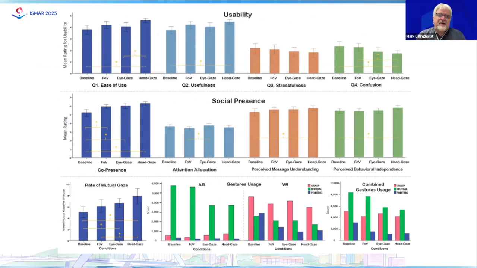The overall idea was that if you look at the far bottom picture, you can see that with the baseline, this is the number of pointing gestures in blue people made. You can see when we added the view frustum, the FOV, the eye gaze, head gaze, that has gone down by almost a third. That shows that once you know where the person's looking, because you can see the view frustum, they don't need to point so much anymore.